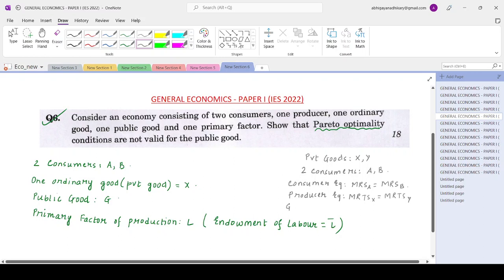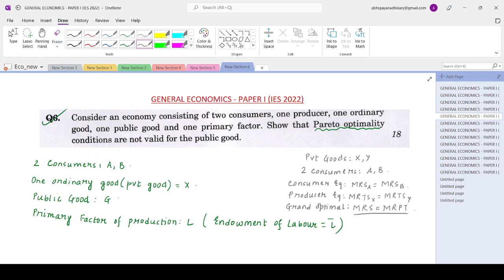And how did the grand optimal look like? The overall MRS should be equal to the marginal rate of product transformation. This is the condition which we have encountered in our studies of general equilibrium, and this is the Pareto optimality condition.